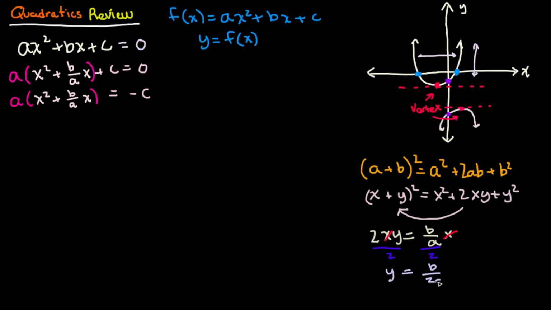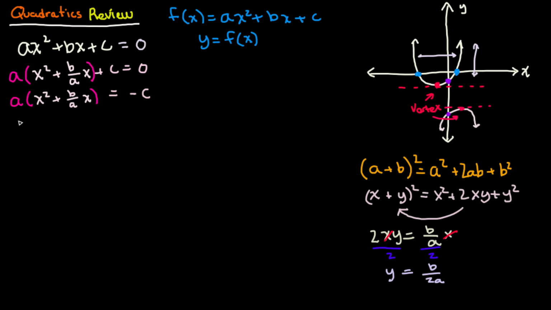And this is useful because now we know exactly what we have to add to this to get a perfect square trinomial. And once again, keep in mind that this y is not the same y as the y-axis. The y that I used in the original equation is actually equal to 0 because the y value of the coordinates of the roots is equal to 0. So this y is just a placeholder variable. And so let's quickly do that.